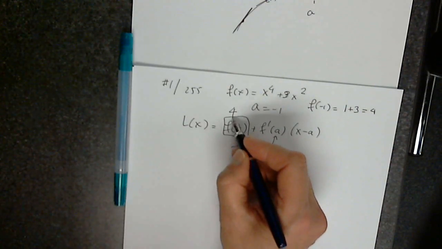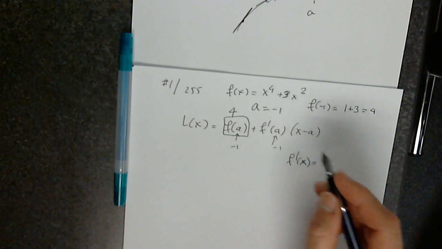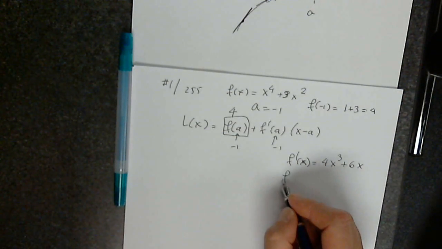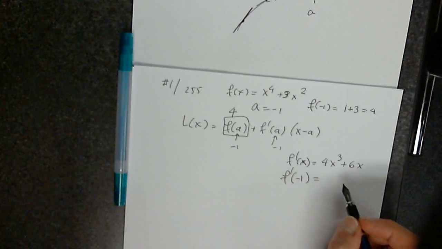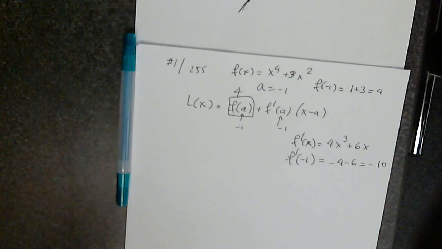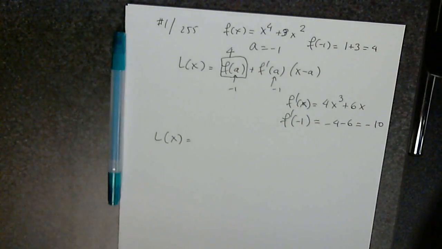Then I have to find f prime of x, which is 4x to the third plus 6x. Then f prime of -1 is -4 minus 6, which is -10. So now can anyone dictate the function that replaces the original function? It's a linear function that replaces the original function near -1, very close to -1 on either side.